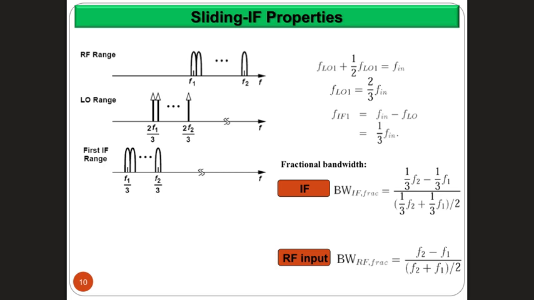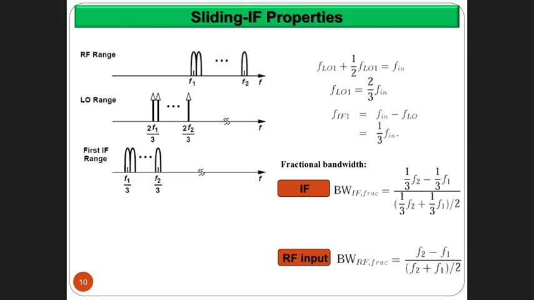Okay, so here are the calculations. If you have F local oscillator 1 plus half F local oscillator 1, that's the first one. That's the one that brings the signal to some intermediate frequency. And then the second one, half of F local oscillator, that's the one that should bring it to zero. The sum of those two should be equal to the original carrier of the signal, right? Yes.